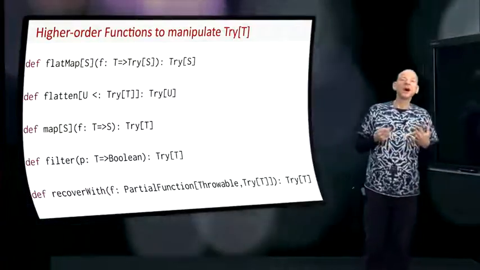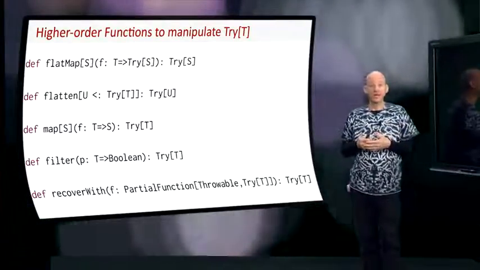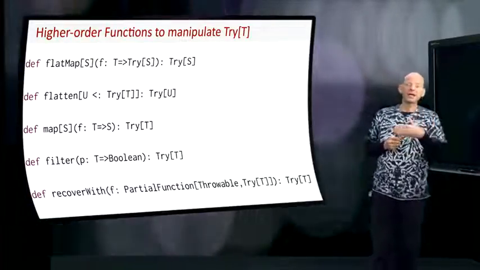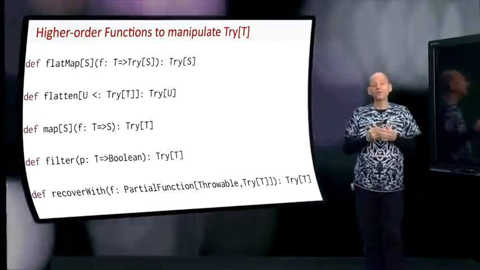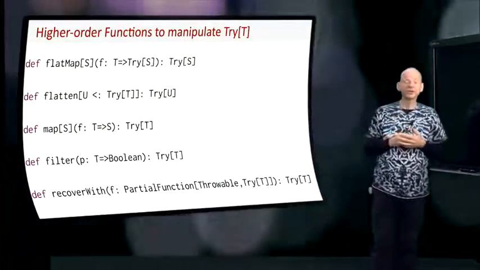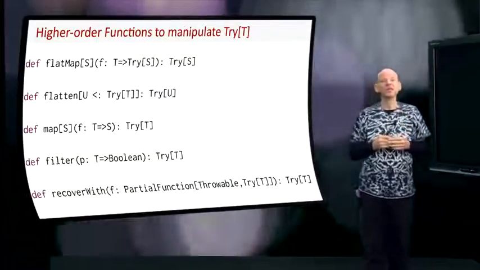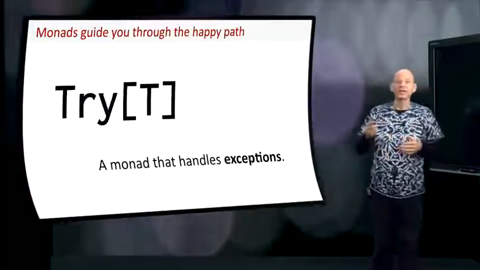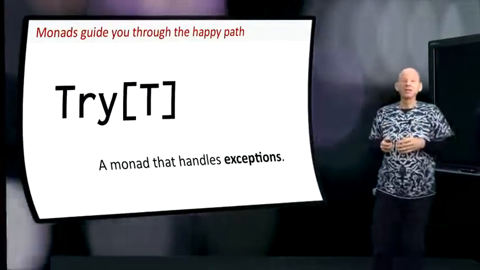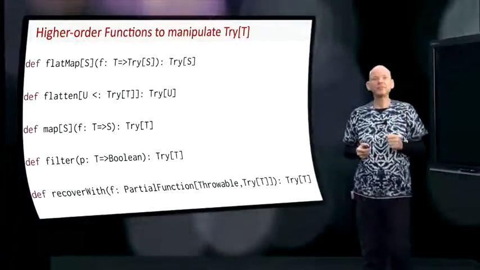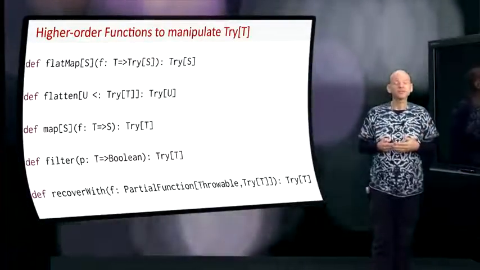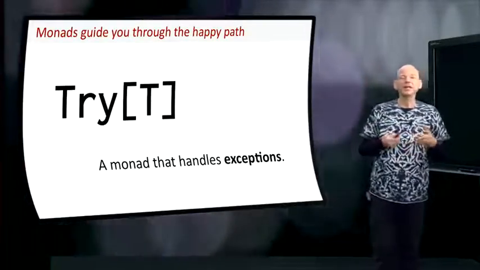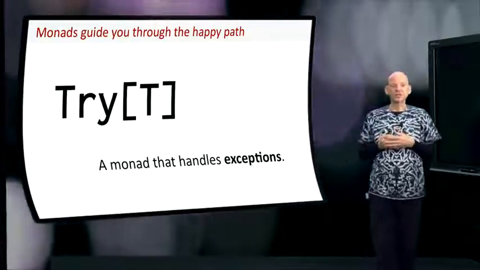Fortunately, there's a couple of higher order functions defined on the Try type. For example, there's flatMap, there's filter, and we'll use these higher order functions, and in particular the first one, flatMap, to make the code look beautiful again. But first of all, the fact that we have here flatMap and that we have a constructor for Try means that Try is a monad, and in particular it's a monad that handles exceptions.